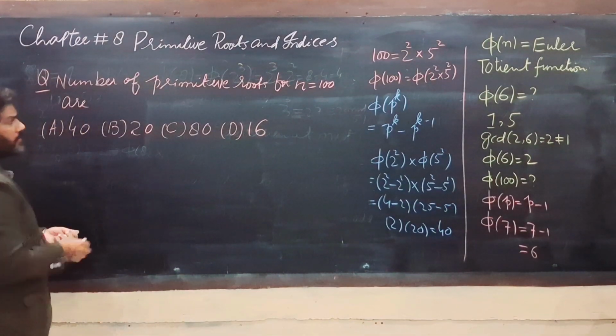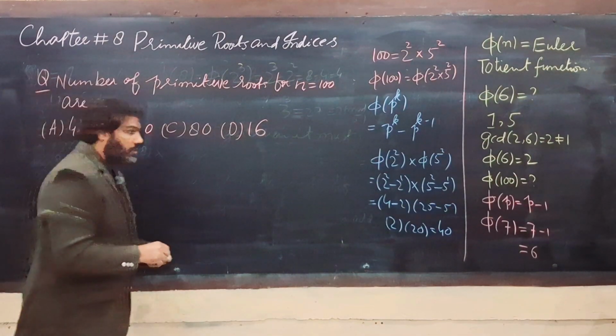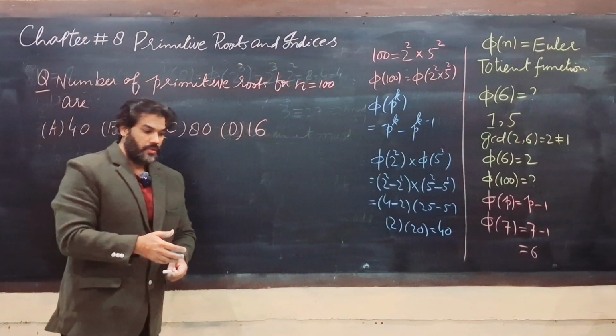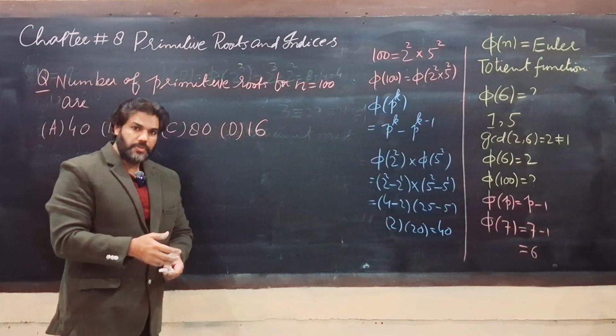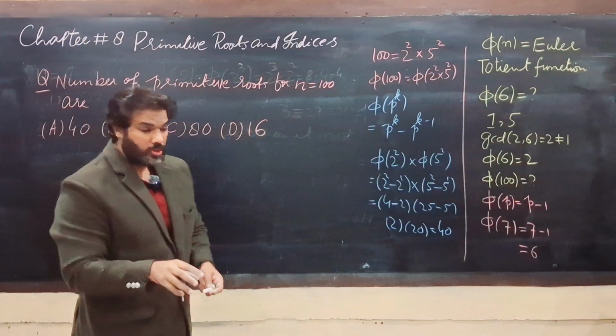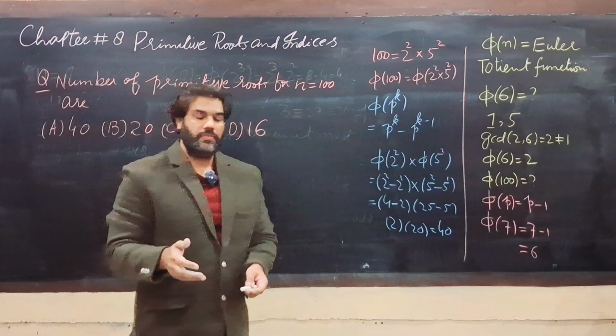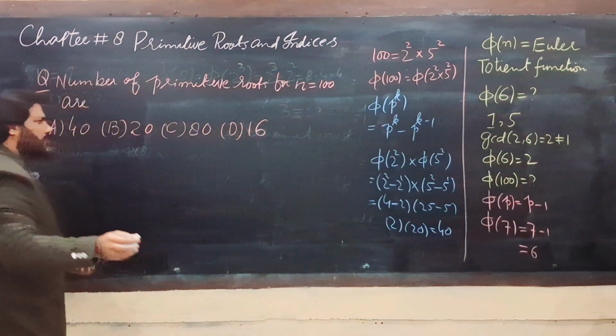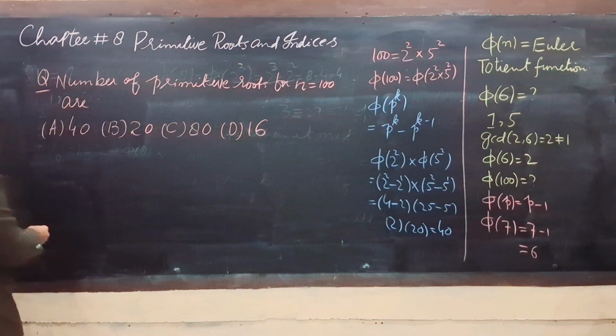There is no need to find phi of 100, then all those integers which are relatively prime to 100, and then find the order of each of them. It is a very lengthy procedure. A very simple formula is what we'll use here.